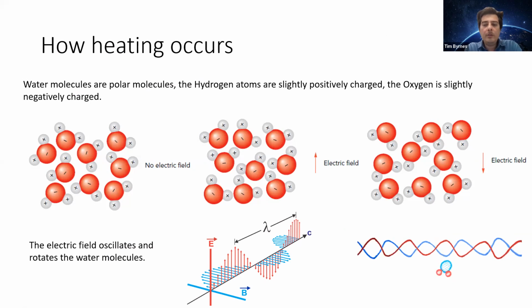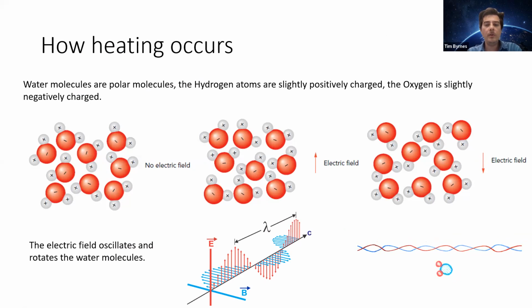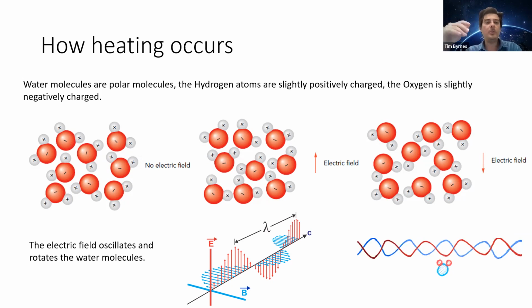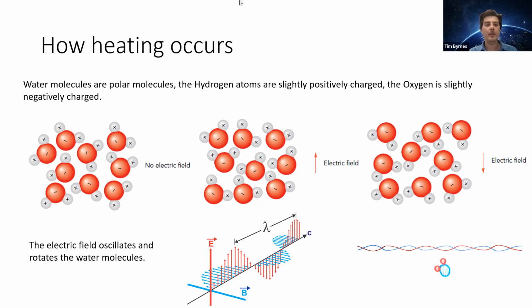So how does a microwave actually heat up stuff? It's again a little bit like the whole antenna thing. If you go back to the idea of how an antenna works, you have electromagnetic radiation coming in, and eventually this is going to move some charges around.